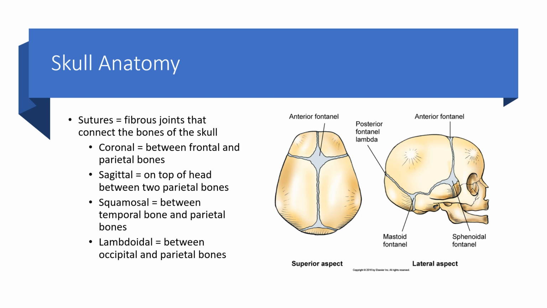Eventually these things close and form sutures between the frontal bone and the parietal bones. That's called the coronal suture because it lies on a coronal plane. And then the sagittal suture forms on the top of the head between the 2 parietal bones. Okay. Well, that's interesting.